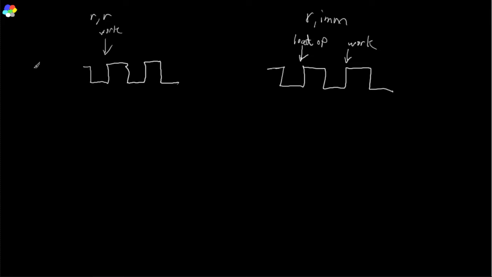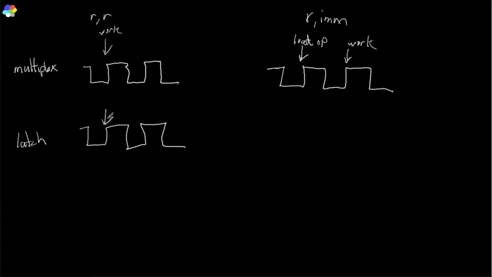Now, this is for the multiplexer. Now, with the direct latch, you can't just do your work in the first clock because you don't have the opcode available to figure out what job you're supposed to do.